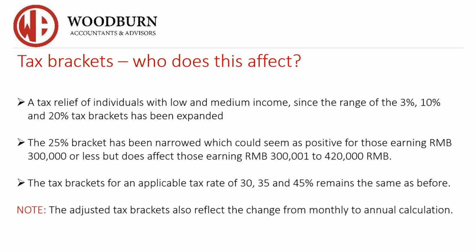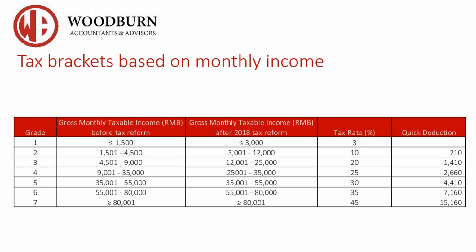Now, with the new regulations, it's important to know who this affects. So the adjustments of the tax brackets will mainly lead to a tax relief of individuals with low and medium income, since the range of the 3%, 10%, and 20% tax brackets has been expanded, while the 25% has been narrowed, as you can see on the table as well.